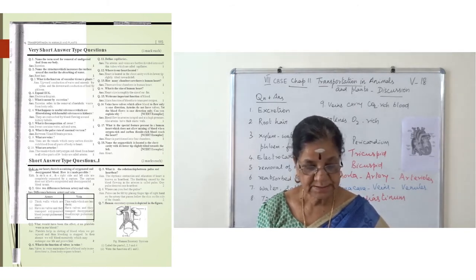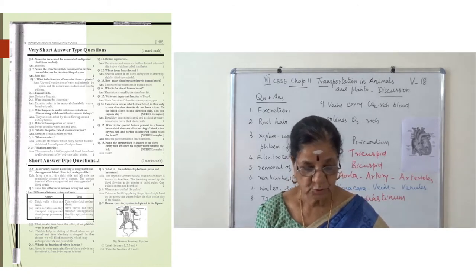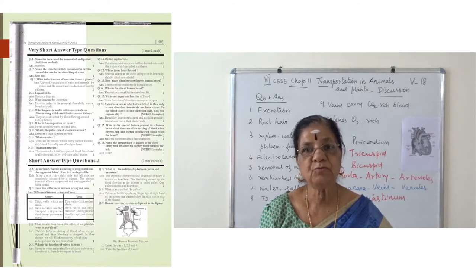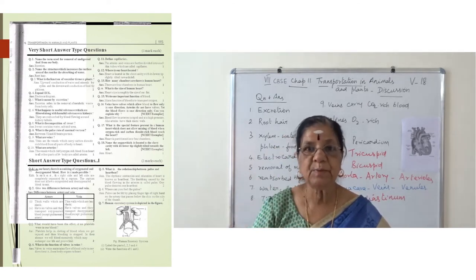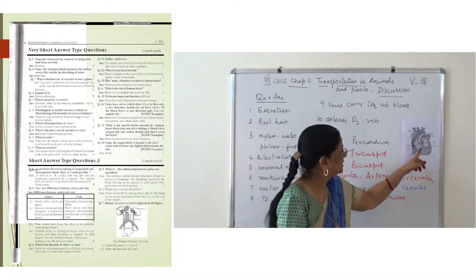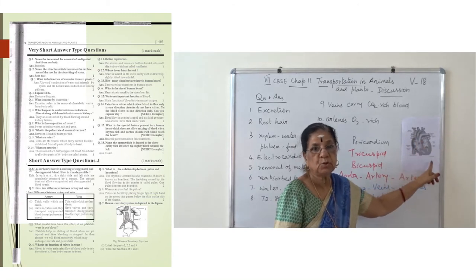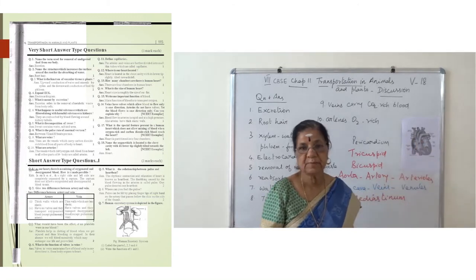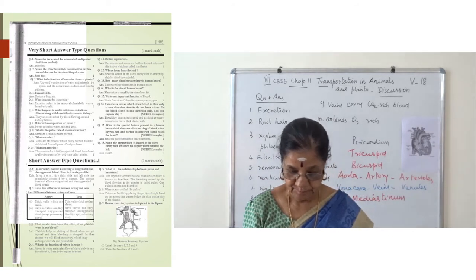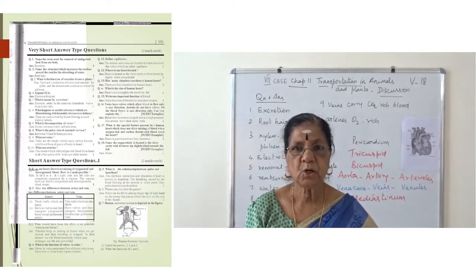Right? The next question. What is a special feature present in the human heart which does not allow mixing of blood? Heart is partitioned into 4 chambers. It is separated by the interauriculoventricular septum.